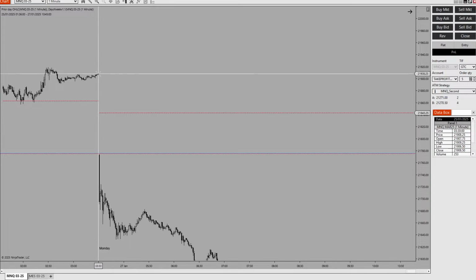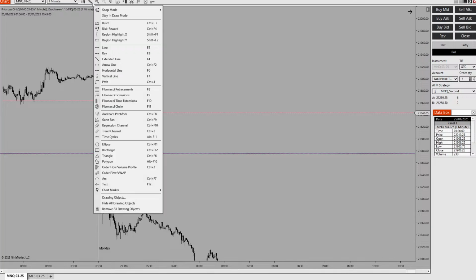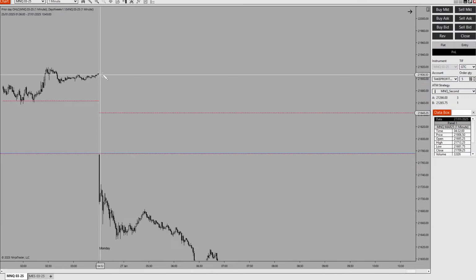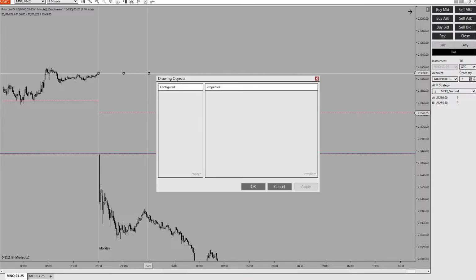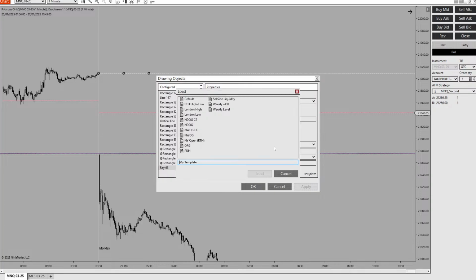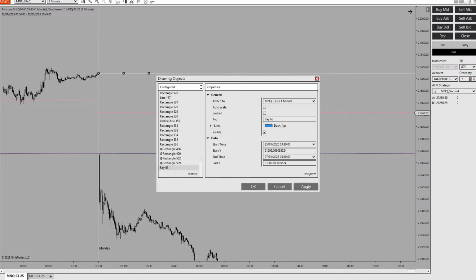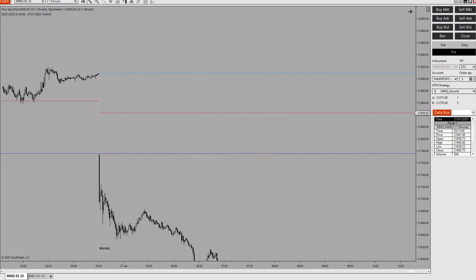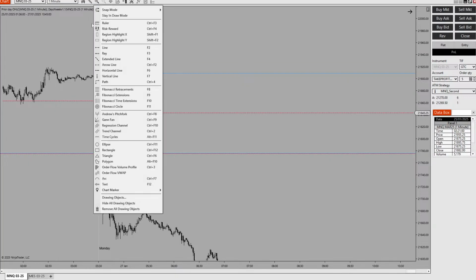So this candle's closing price and this candle's opening price will make the new day opening gap. Just mark it and use the template that I have already saved for new day opening gap. The first line I mark it as blue line, and the second one red.